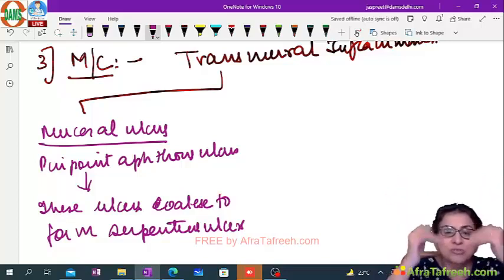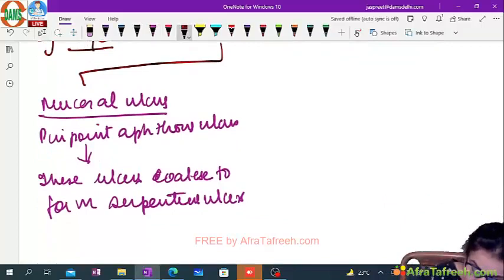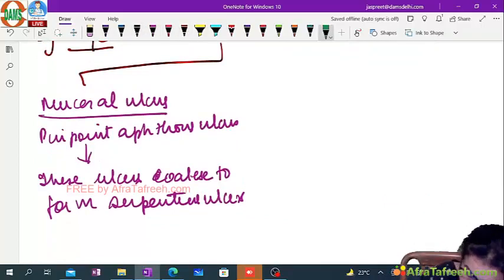So this produces the characteristic cobblestone appearance of the mucosa.